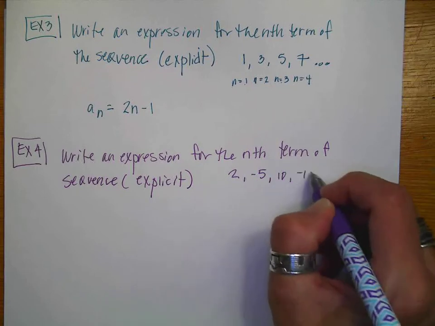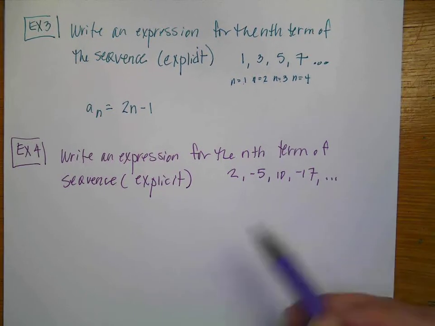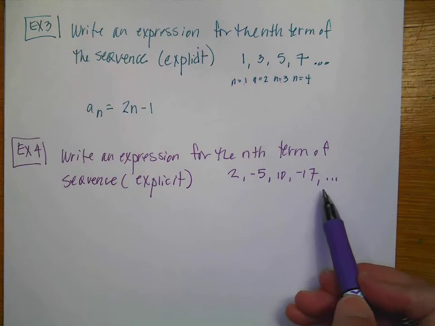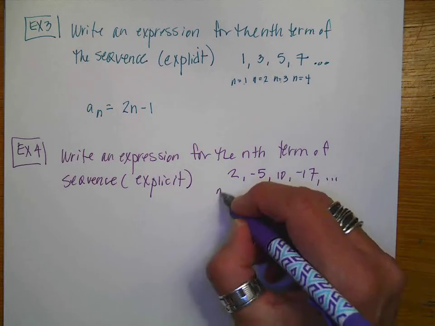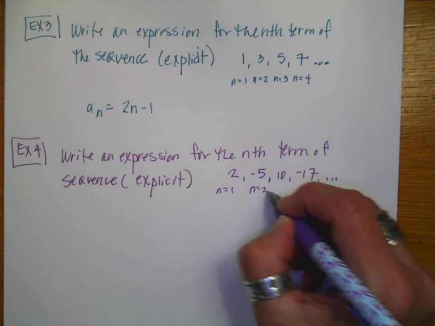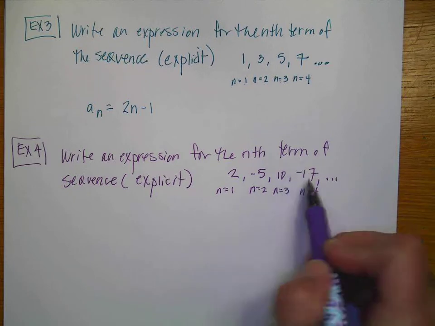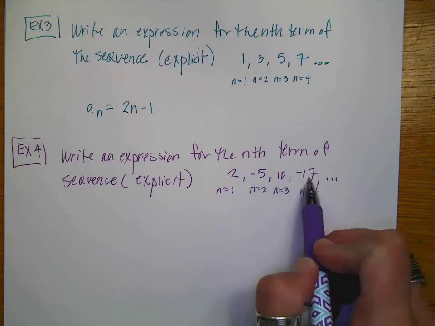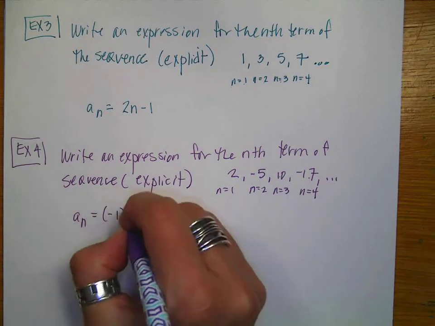So this time we're going to be given 2, -5, 10, -17, ... When you see sequences, they will have ... showing that the sequence continues. So if this is n is 1, n is 2, n is 3, n is 4, the first thing to notice is I have alternating signs.